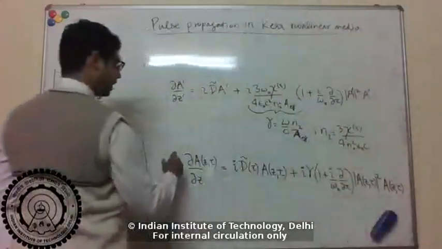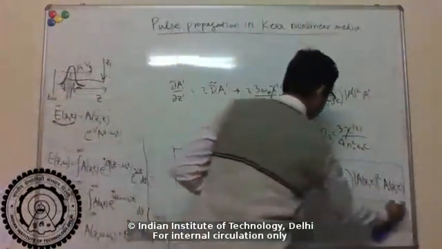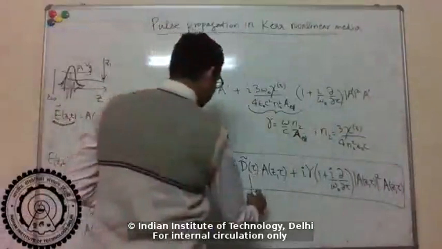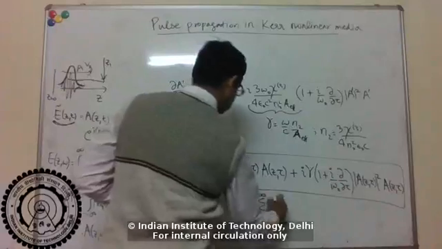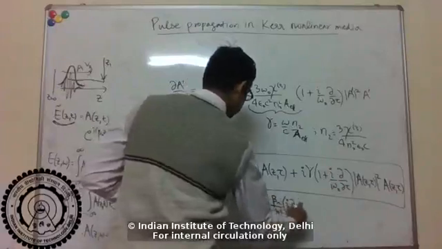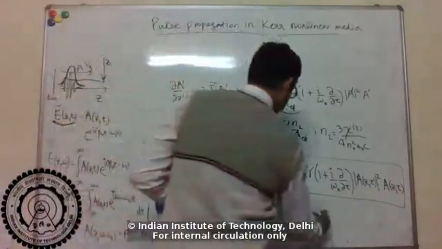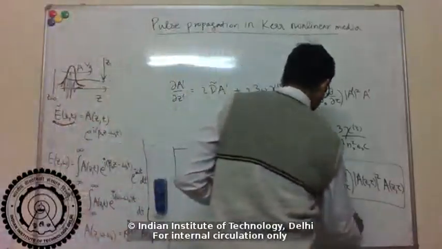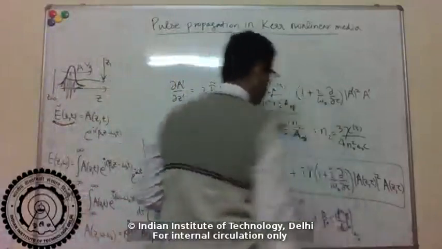Okay, so this is the final equation you get, where D of t is the dispersion operator, and beta n is the nth derivative of beta at omega naught.